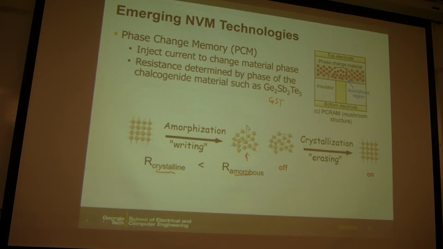Then you do a so-called quench process. That means you remove the heat very quickly, so the atoms will remain at those random locations. They don't have time to rearrange. So it will be left at that quenched state. That will make the material become amorphous.